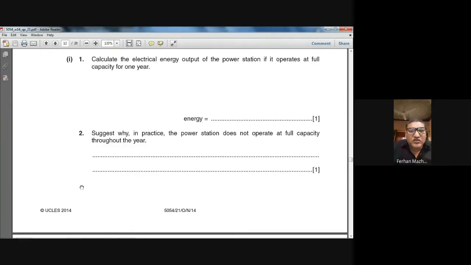It's a hydroelectric power station, and it depends upon the supply of water. The supply of water depends upon how much rainfall we have in the year, and the rainfall is not uniform throughout the year.